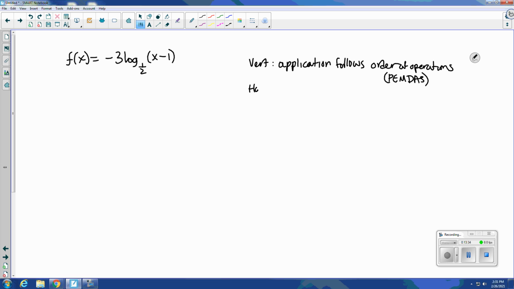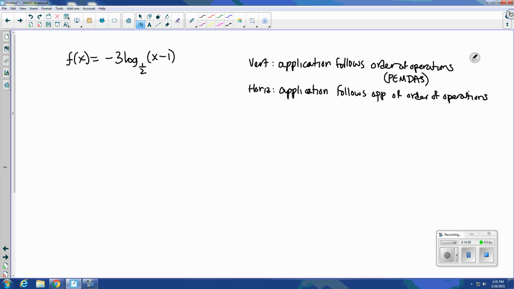Now the horizontal transformations, their application follows the opposite of the order of operations. Meaning transformations that occur via subtraction and addition will be applied before transformations that occur from multiplication or division.